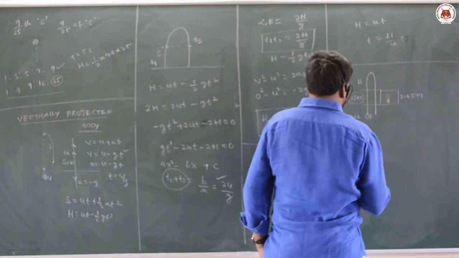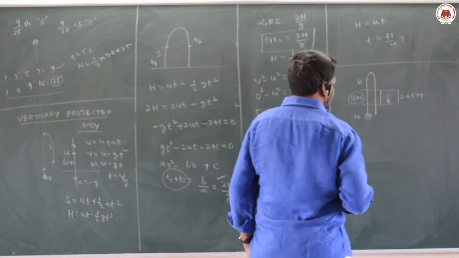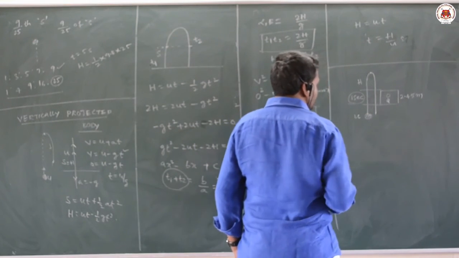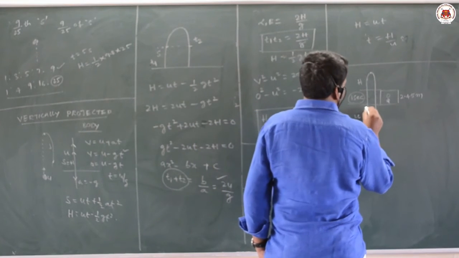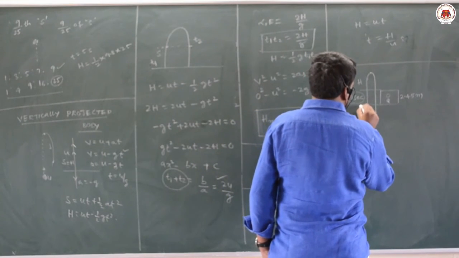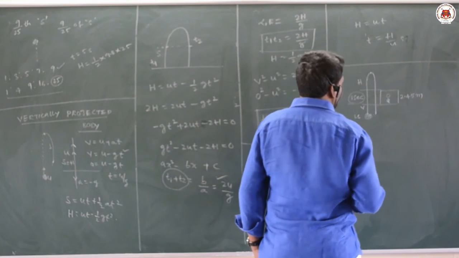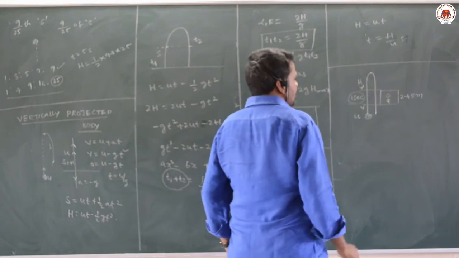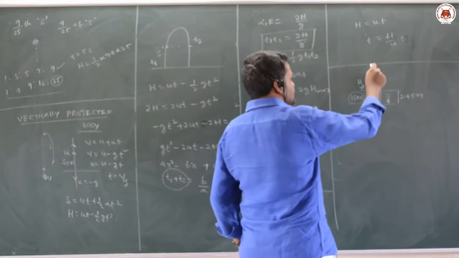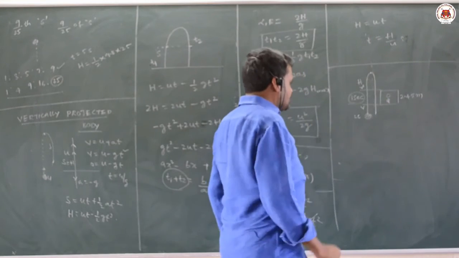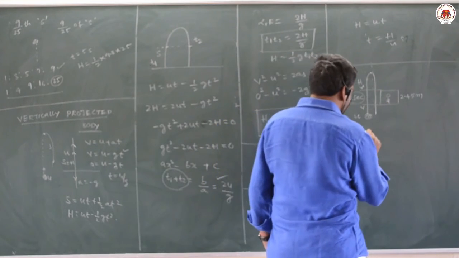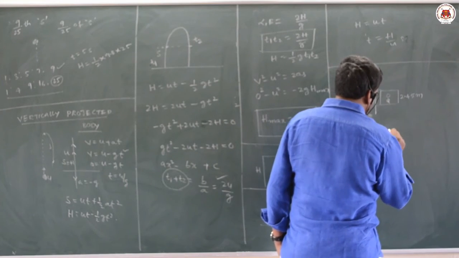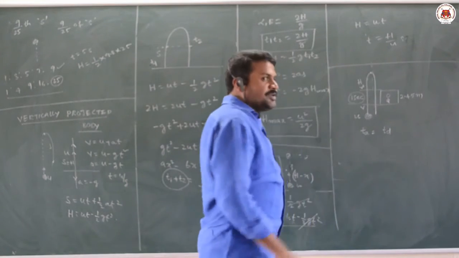See, in this case what you have to do is take the initial velocity of the ball as u, the velocity before crossing the window as v, and after crossing the window as v dash. You consider motion in one direction only, because time of ascent is equal to time of descent. Total time of flight here is given as 1 second.